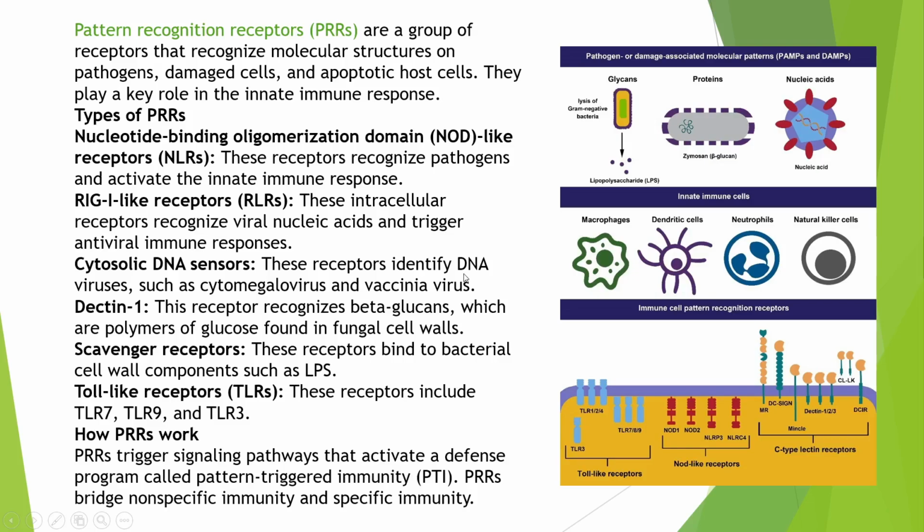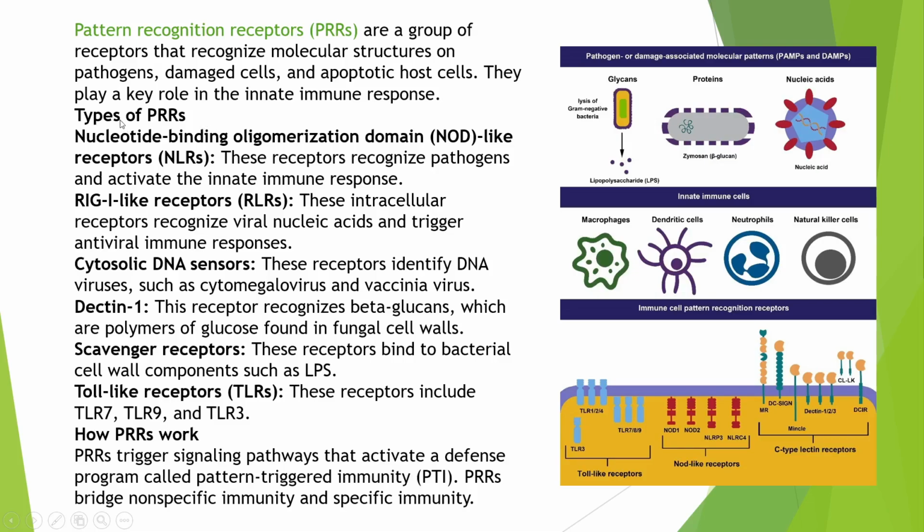Not only PAMPs, they also recognize the molecular structures that are characteristic features of damaged cells and apoptotic host cells. Those are DAMPs, damage associated molecular patterns. So they play a key role in innate immune response, helping in recognition and then activation of specific immune response against it.